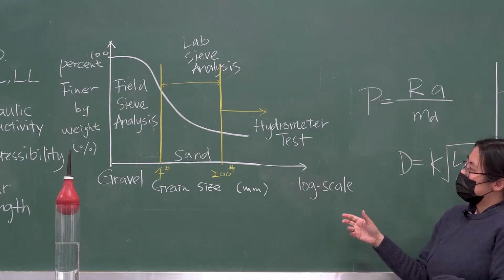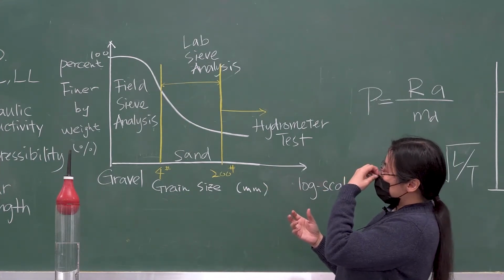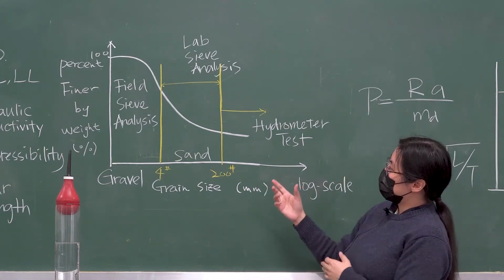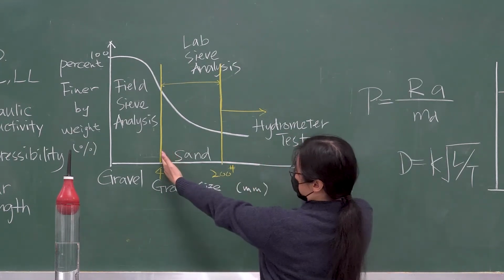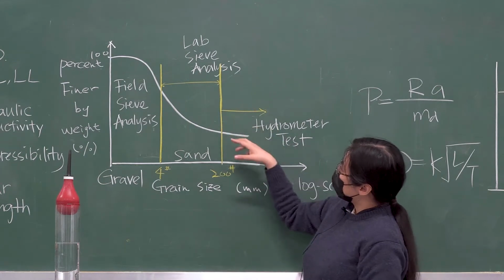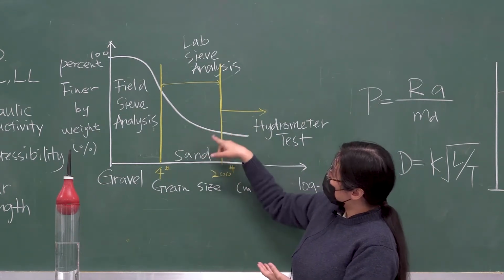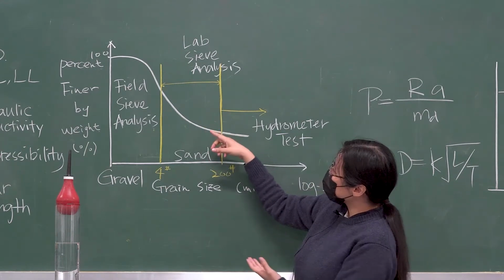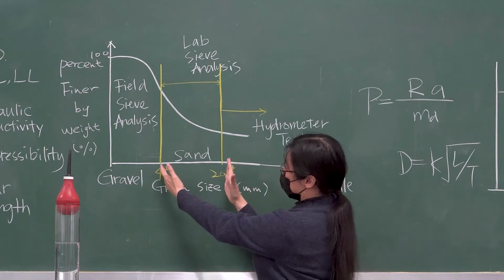And then in addition to that, in our lab, we are only going to be able to determine the distribution of the particle size in this region. For example, in tomorrow's lab, you are going to use some sieve to determine the particle size in this region.